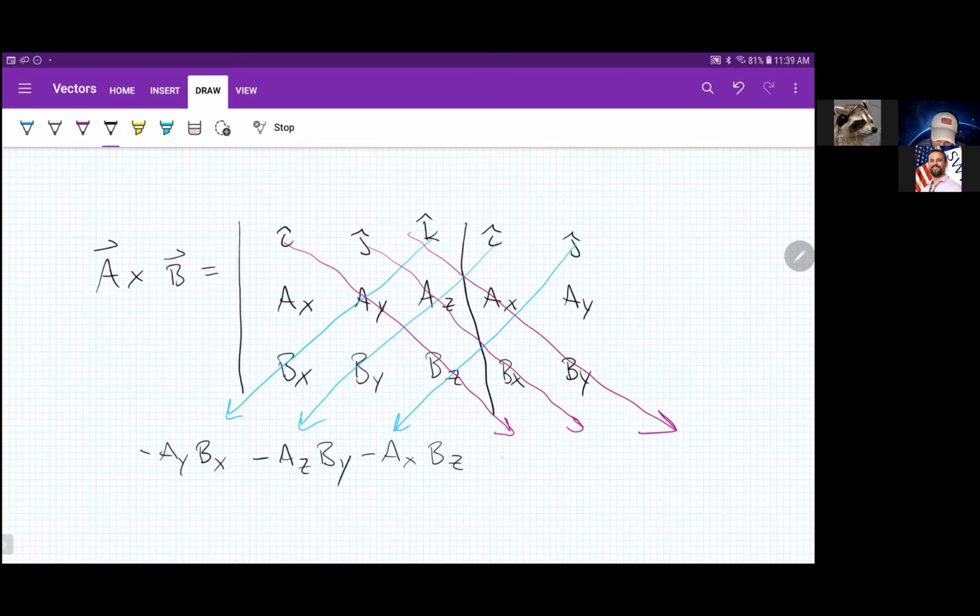So it'd be a plus AYBZ. And I forgot the K hat. So this one would be K hat, this one would be I hat, this one would be J hat. This one would be AYBZ I hat plus AZBX J hat.